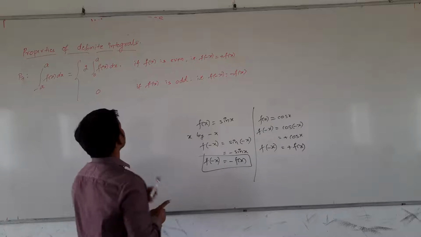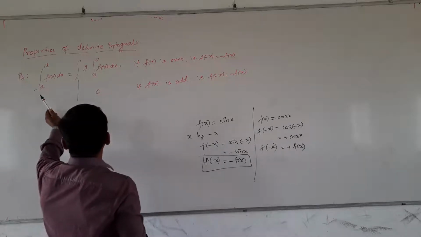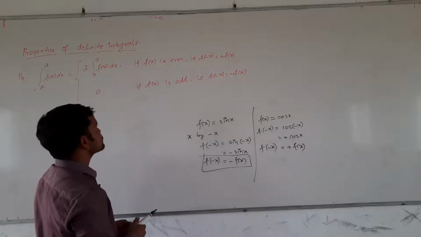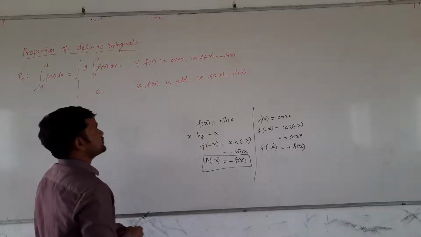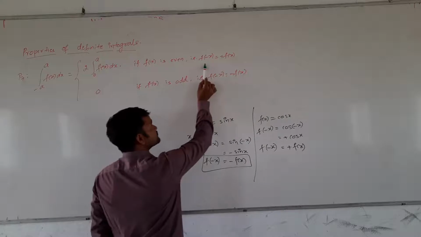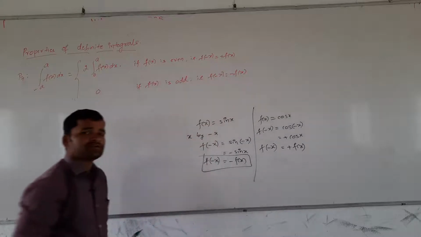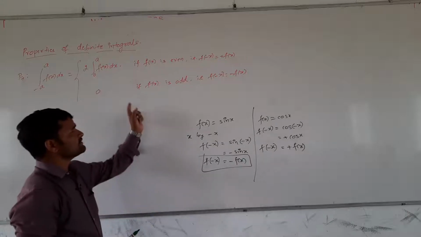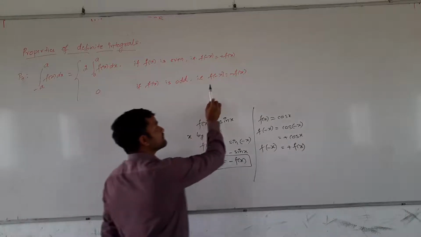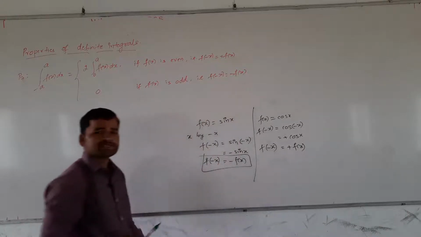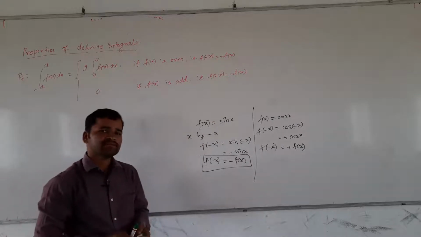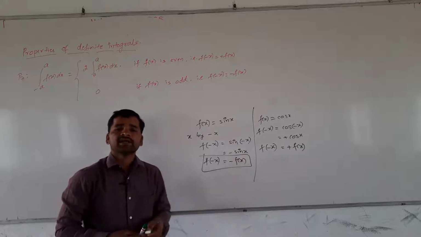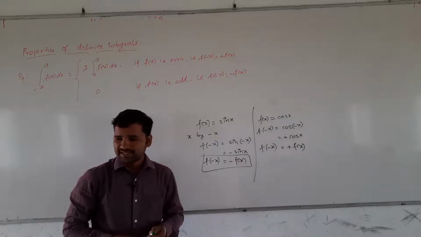Here they are saying that the integration of f of x from minus a to plus a is equal to 2 times the integral from 0 to a of f of x dx if f of minus x is equal to plus f of x, means the function is an even function. If it is an odd function, means f of minus x is equal to minus f of x, then directly its integral value is 0. They are saying this. This is what the property P7 is.